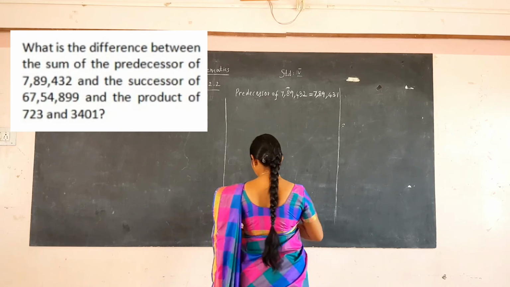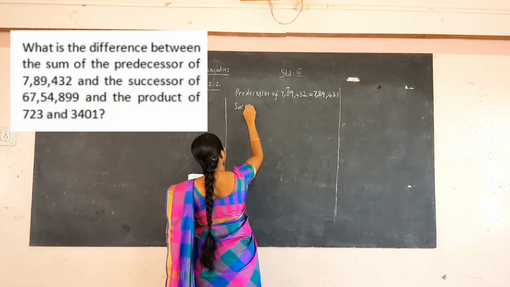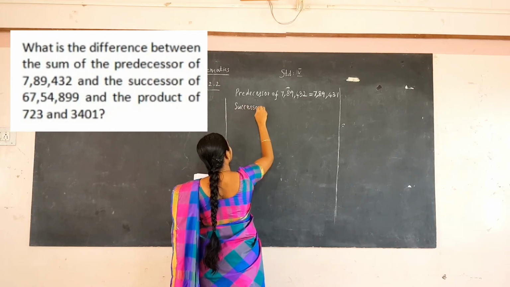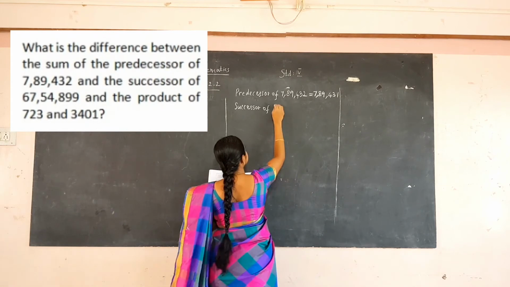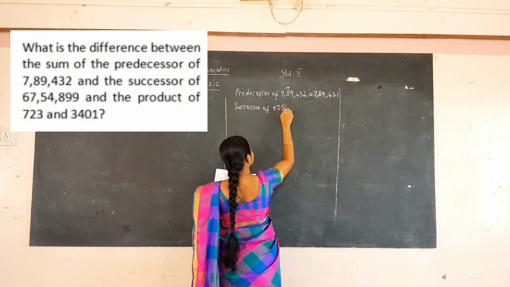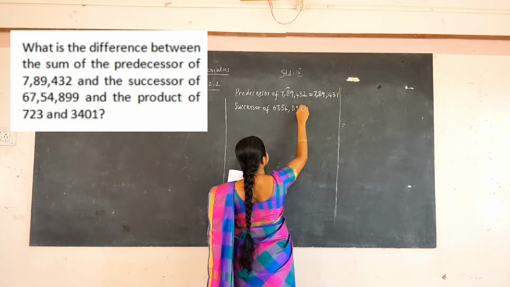Next we have to find successor. Successor of 67,54,899.